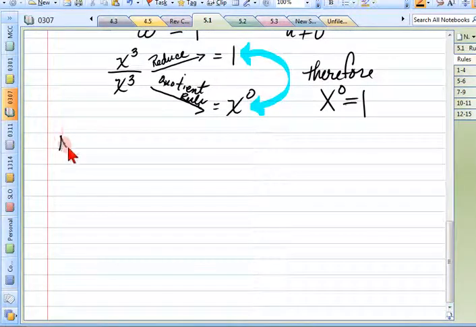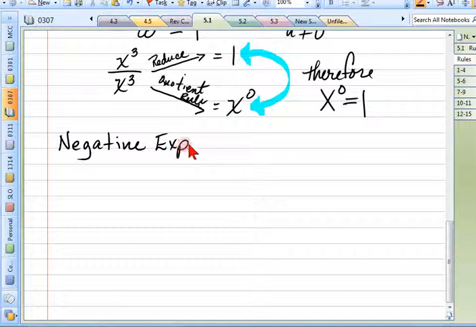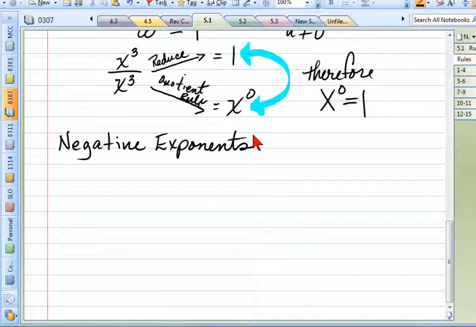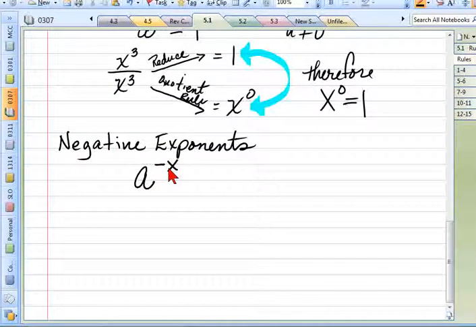The last thing, which we will not look at any examples of today, is negative exponents. They are not taught in lesson 5.1, but they are taught in this chapter. It says if you have a to the negative x power, it has nothing to do with the sign of the answer, nothing whatsoever.